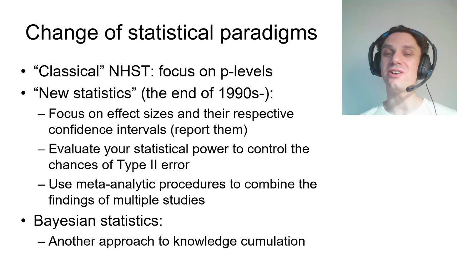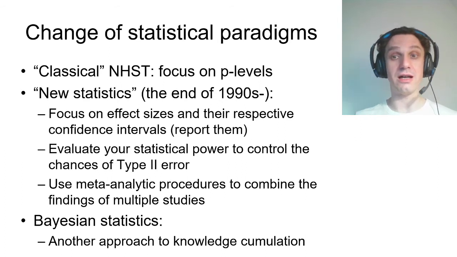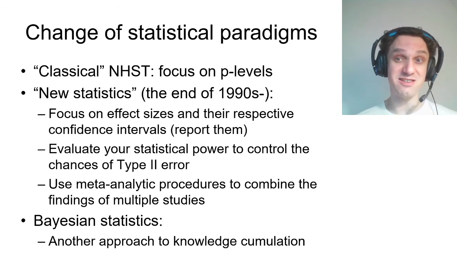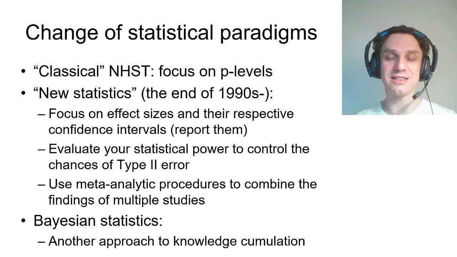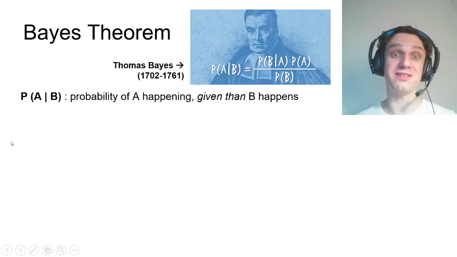However, there is also an alternative approach, completely different, based on a completely different ideology, that aims to solve the same problems of knowledge accumulation and of making generalized inferences from samples to general populations. And that's the Bayesian approach. Why is it called Bayesian?